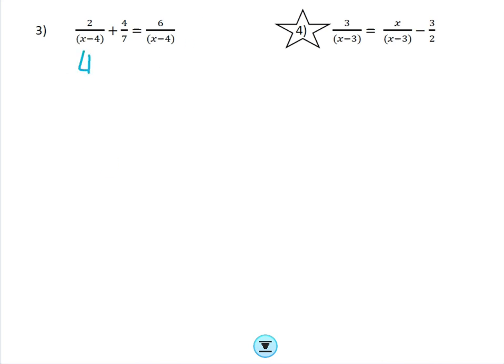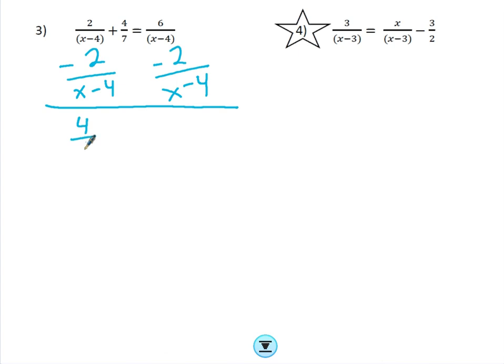So what we'll do is subtract 2 over x minus 4 from each side. So we've got 4 over 7 equals 6 over x minus 4 minus 2 over x minus 4.